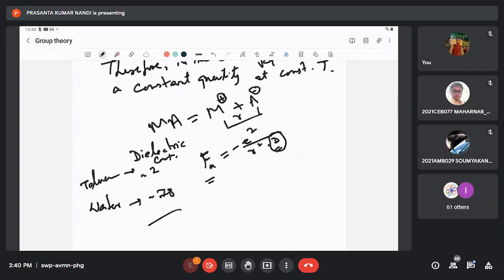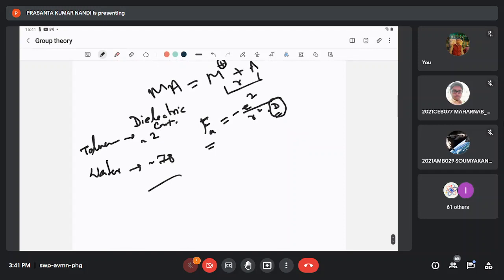Clear? So one cannot expect ionization at all in the toluene layer or any non-aqueous medium where the dielectric constant is very small. That is why the two layers are immiscible.